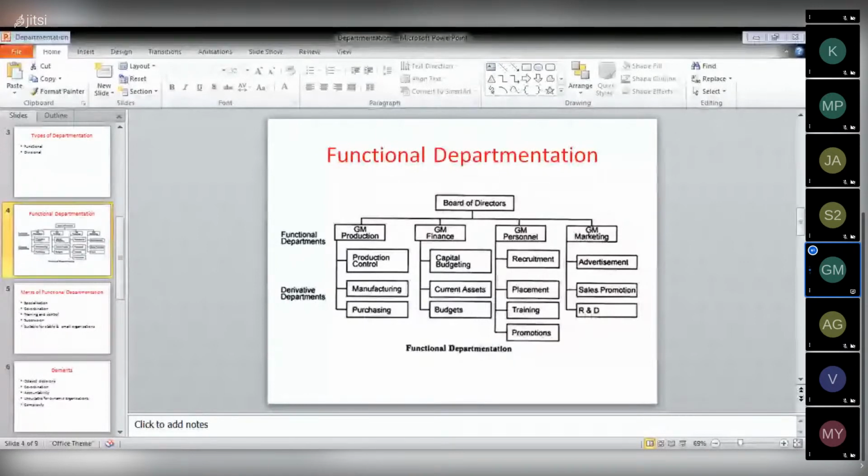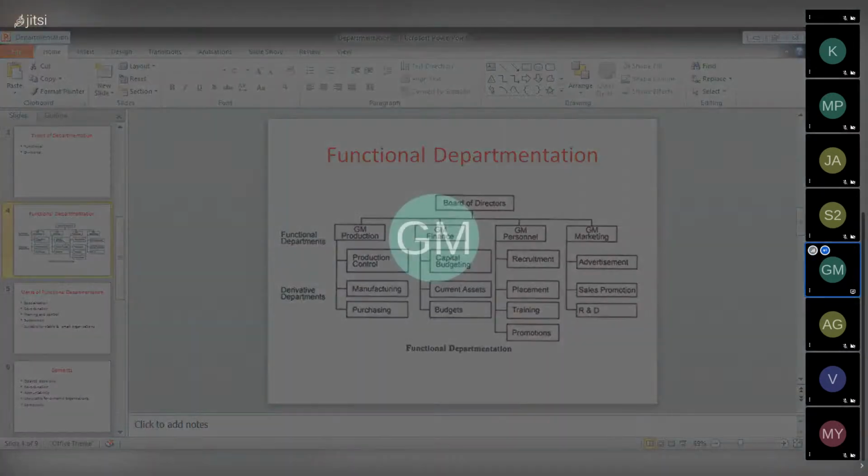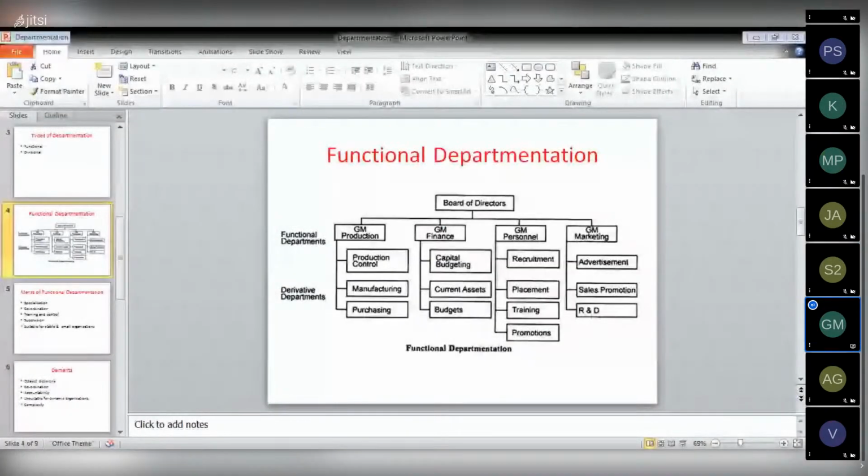So they can have this kind of departmentation, because we are grouping all the jobs and resources which are related to that product. And if any company wants to diversify its product portfolio, then divisional departmentation is suitable for such organizations.